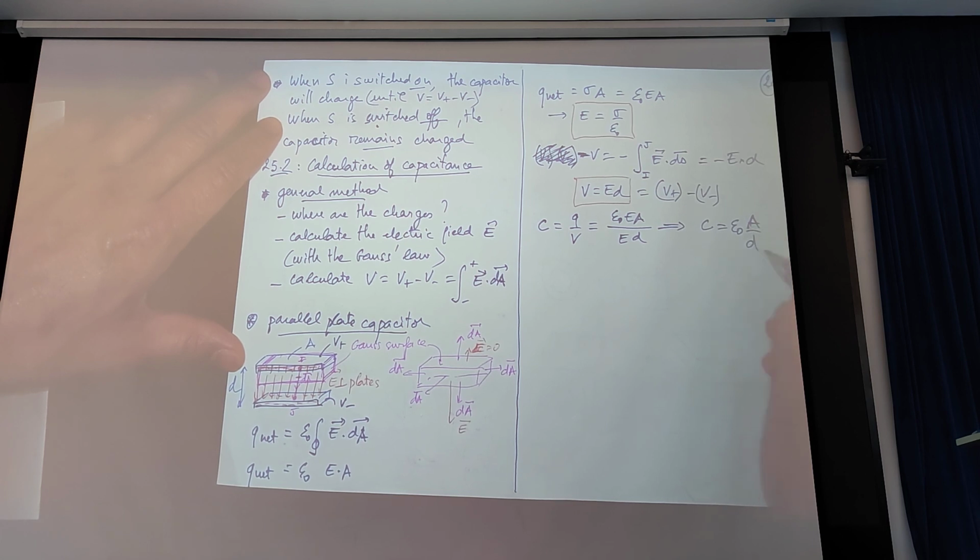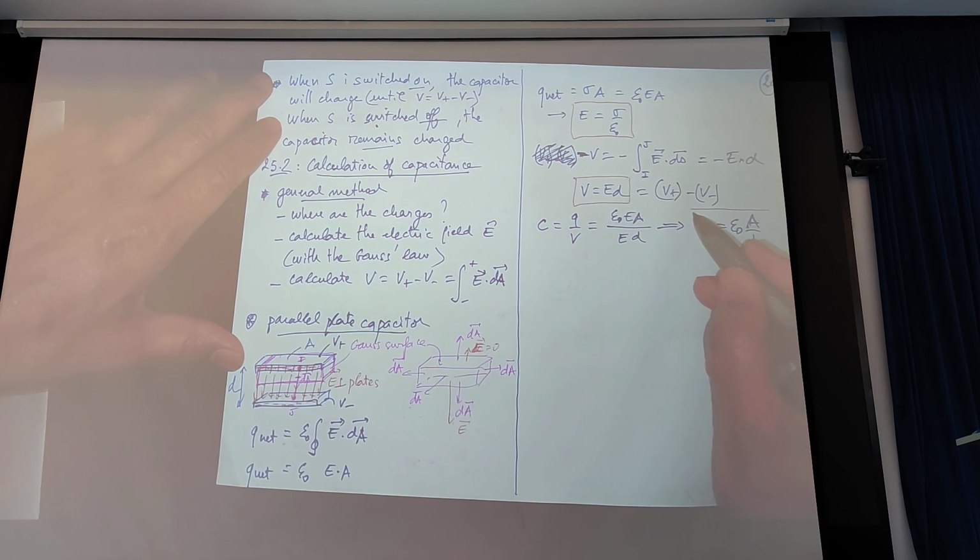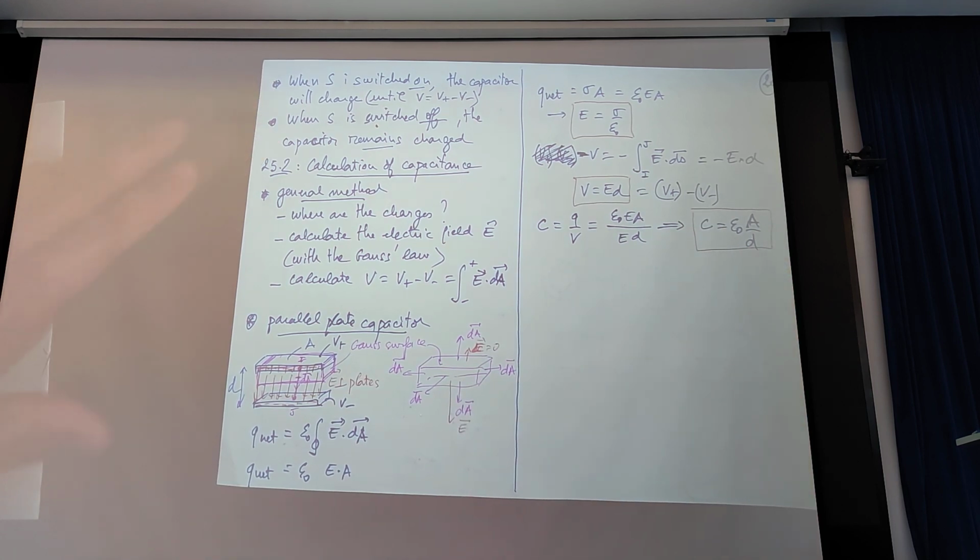So as I said, the capacitance of parallel plate conductors only depends on the geometry of the capacitor. It does not depend on V or E.